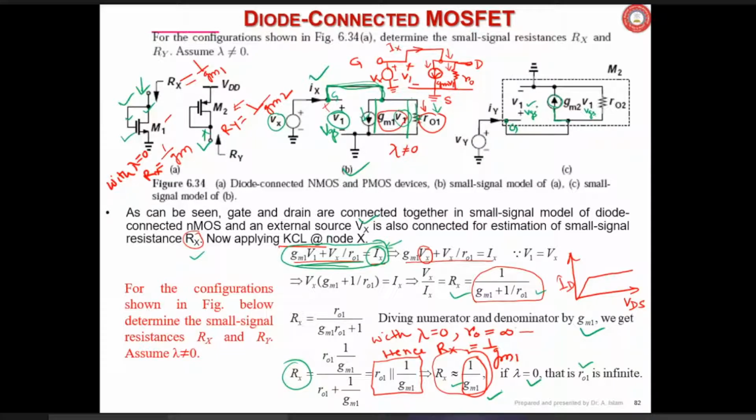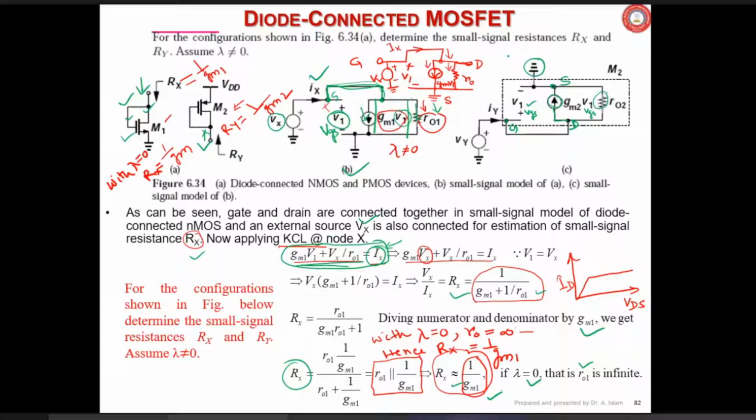We are putting an opposite direction arrow. It doesn't matter because it is an AC current. Direction doesn't matter, but by convention we put it in the opposite direction, and Ro is coming here for CLM. This side is drain, this side is source, this side is gate, and this is grounded.